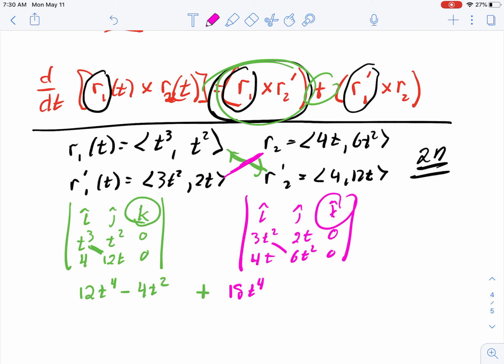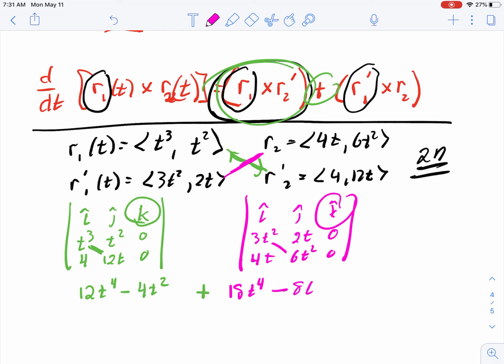Got something wrong there. I think 3t squared, 2t, 4t. Is that right? I get something different than on my answers here, but I'm going to keep going with it. Let me just double check everything here.